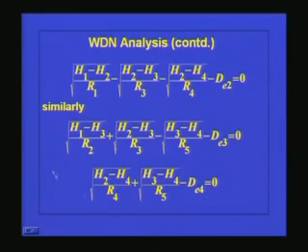Now, I have 3 equations. In these 3 equations, R1, R3, R4, DE2, DE3, DE4 are all known, and H1 is also known, and the only unknowns are H2, H3 and H4. So, I have 3 equations and 3 unknowns, and these can be solved simultaneously.